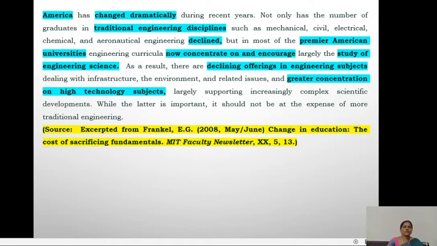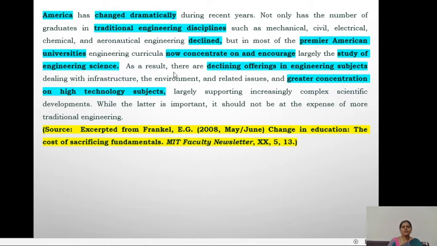So first we read this: America has changed dramatically during recent years. Not only has the number of graduates in traditional engineering disciplines such as mechanical, civil, electrical, chemical, and aeronautical engineering declined, but in most of the premier American universities, engineering curricula now concentrate on and encourage largely the study of engineering science.